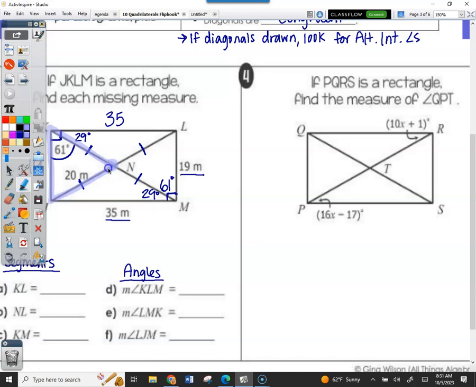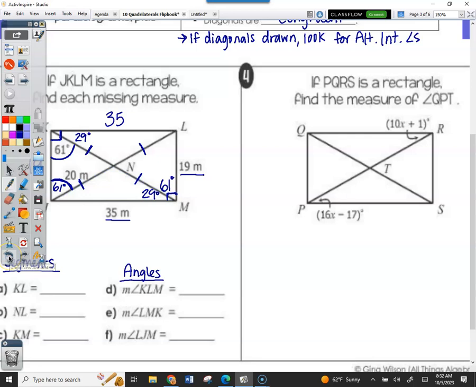Like this would be the top right here. If this is congruent to this, and I turn it like a rooftop, then this 61 is also 61 here. Do you see that? And that's the same for the rest of the triangles. Notice that this is also isosceles.